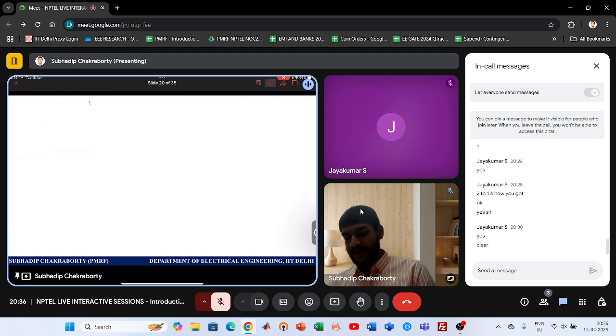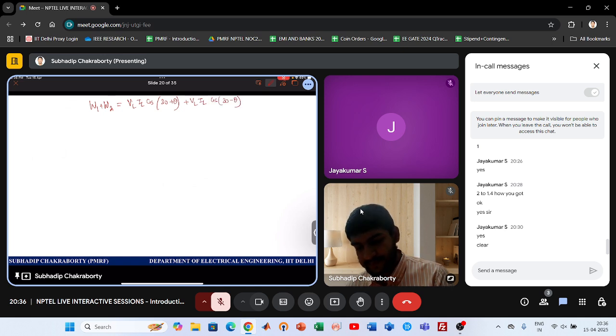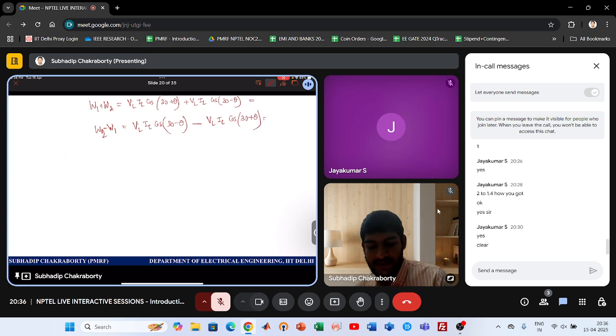So what is the value coming? W1 plus W2. Can you check? And also check W2 minus W1. Right. Find these two values, what they are coming.